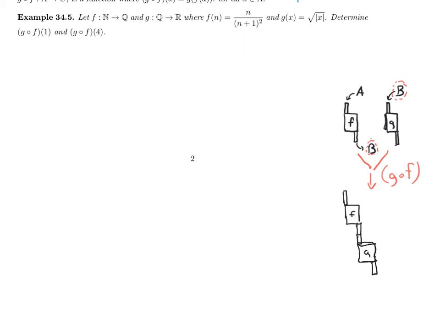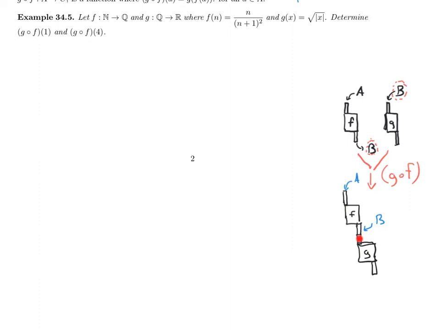So here's G. And remember, we put in something from the set A, then F turns it to something in the set B, something in that codomain, but that's also the domain of G, so you can glom those pipes together.